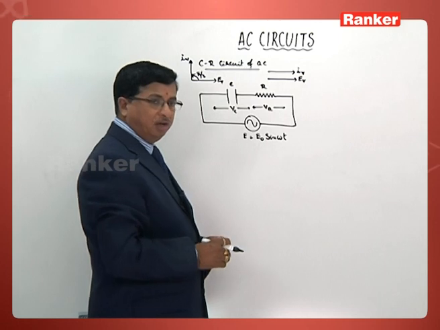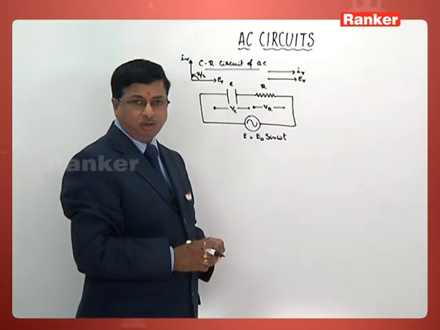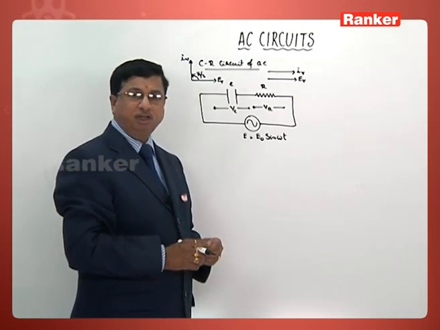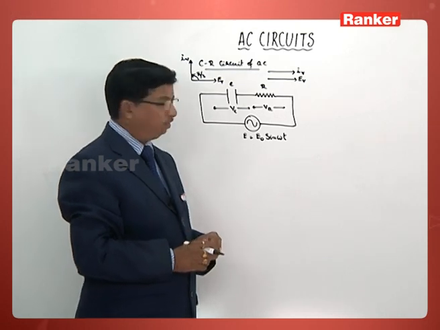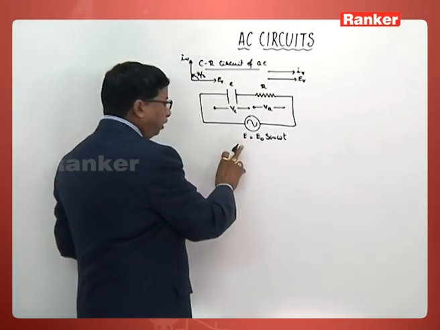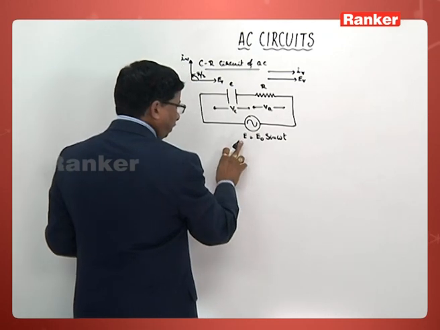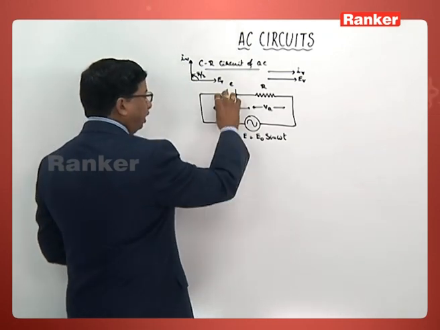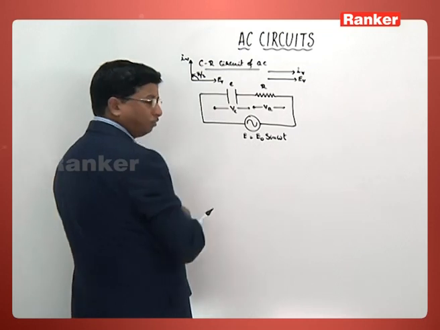Whereas here, current is leading by pi by 2 radian when compared to the EMF value. Now, according to the concept, E should be equal to the sum of these two values.